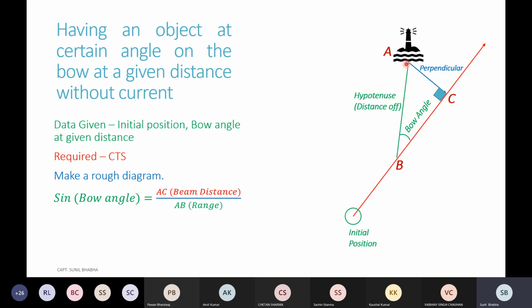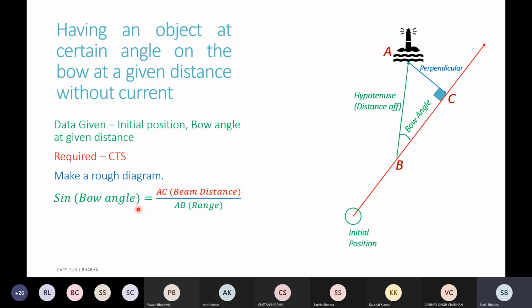So this Alpha Charlie, the perpendicular from the object to our CTS, will be the beam distance of this particular lighthouse, and it will also be the nearest distance when you are moving along your track. So AC is our beam distance, and AB is the range of the lighthouse, or the distance from the lighthouse when it is at that particular bow angle.